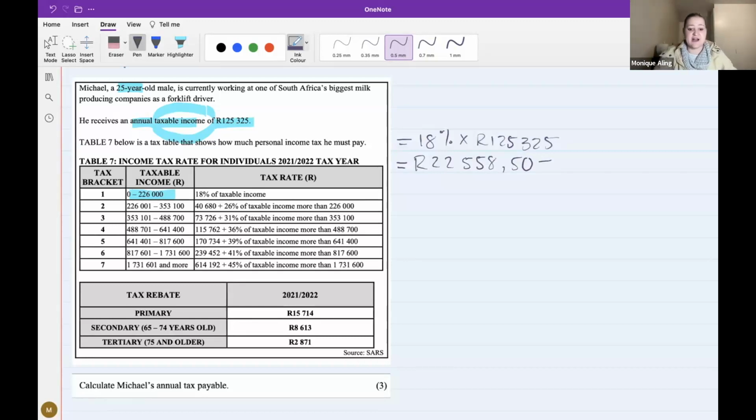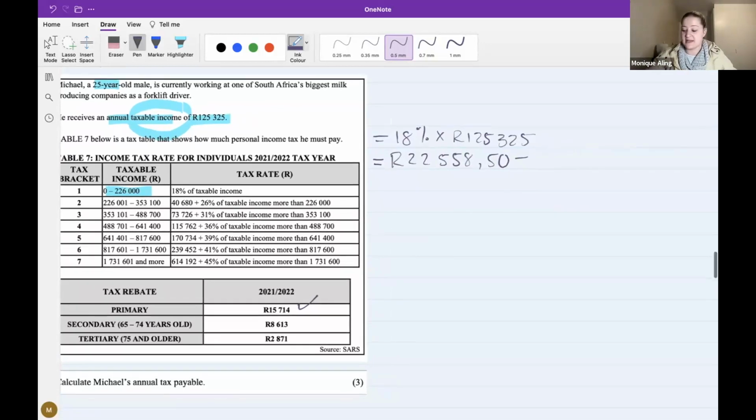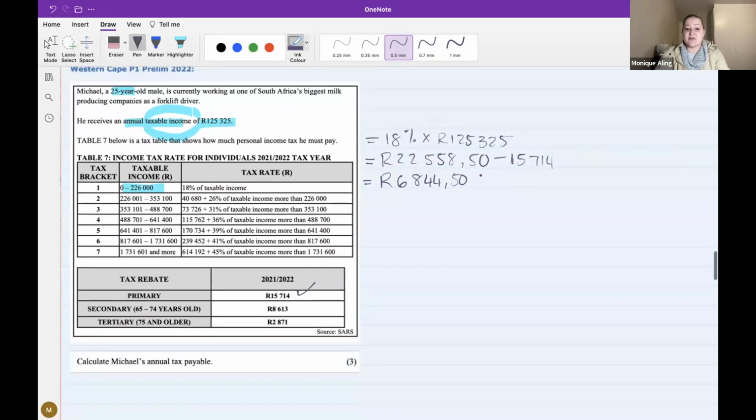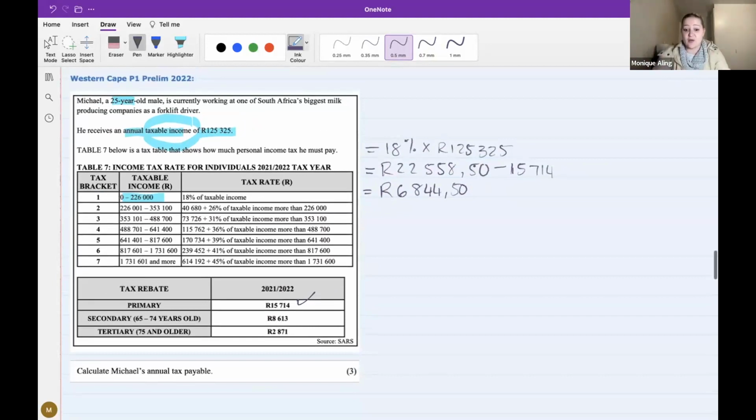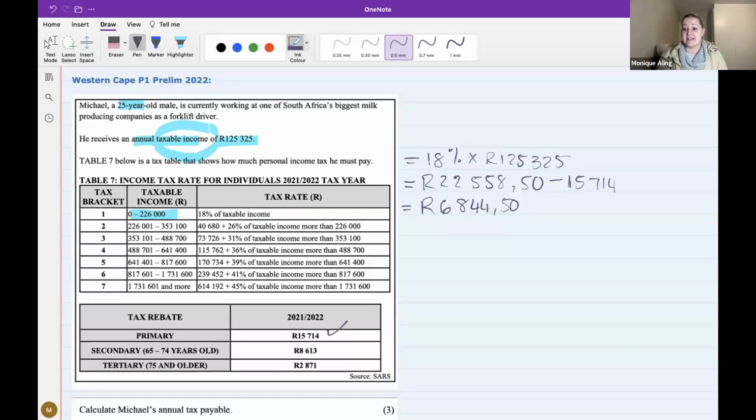Because he's 25 years old, he only qualifies for the primary rebates. So he minus 15,714. And that gives you an amount of 6,844,50 for the year. So as you can see, because his yearly salary was a lot smaller than the other examples we've looked at, he obviously doesn't pay as much tax. That's his yearly amount.